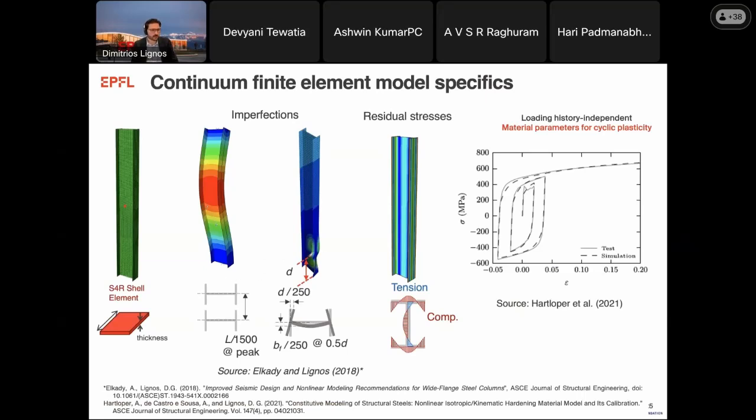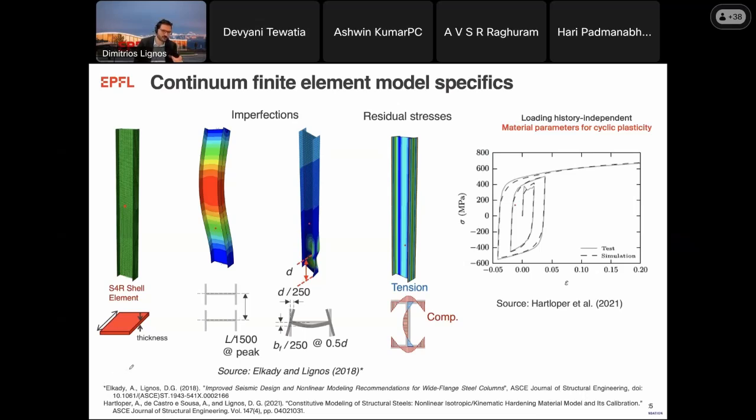We are inserting imperfections due to manufacturing, and we are taking into account residual stresses because of the hot rolling, as well as plasticity because we anticipate plastic deformations at the material scale. I'll be happy to talk more about this if you have questions, but for now I'll try to stay away from some of these details.